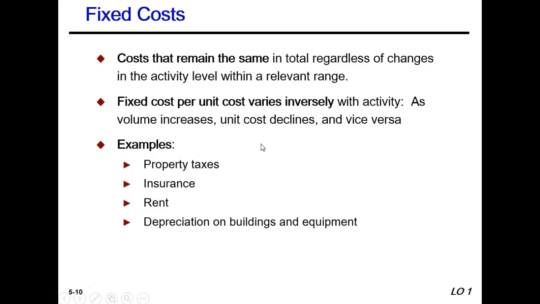Fixed cost. Costs that remain the same in total, regardless of changes in the activity level within a relevant range. Why within a relevant range? Let's think of this. Ford Motor Company used to produce trucks out here.